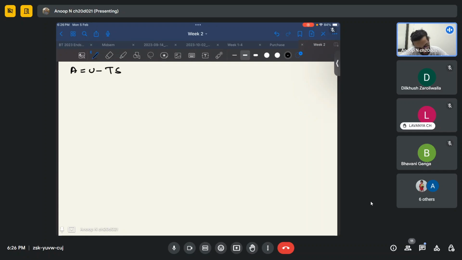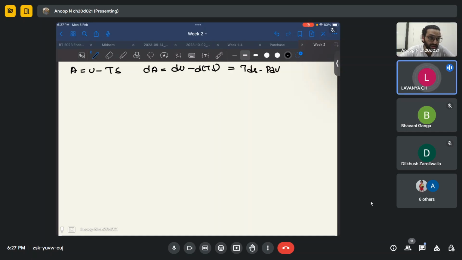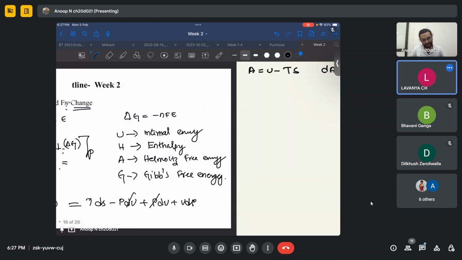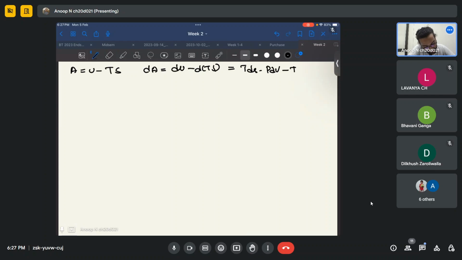So dA is equal to dU minus d of TS, which equals TdS minus PdV minus TdS minus SdT.